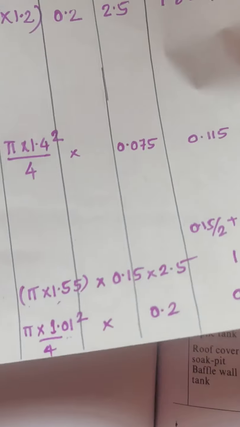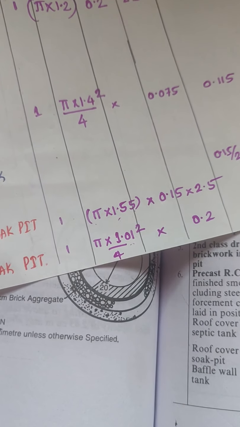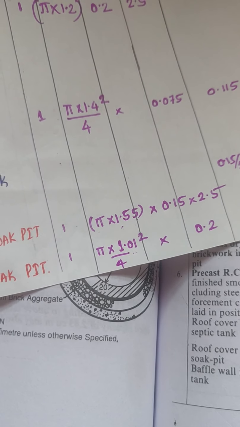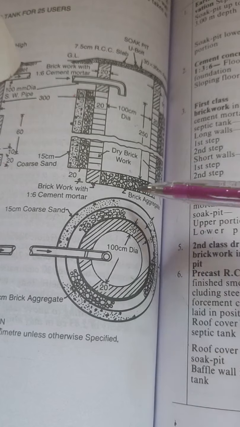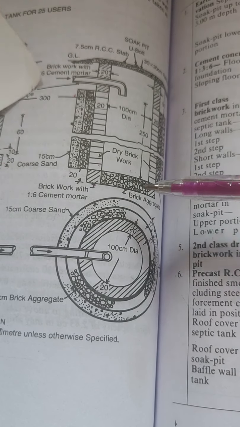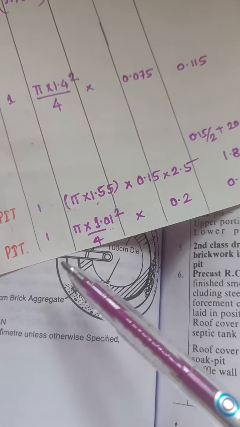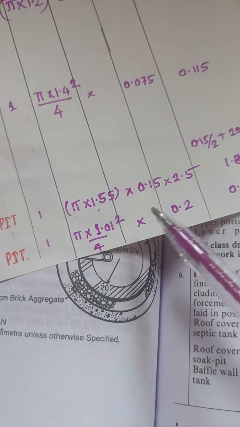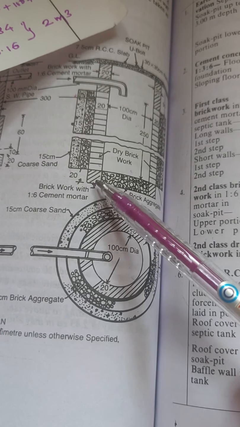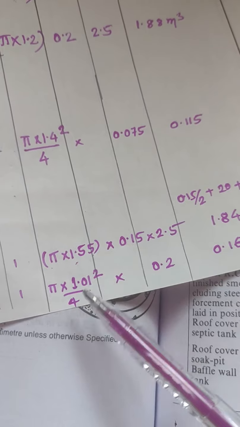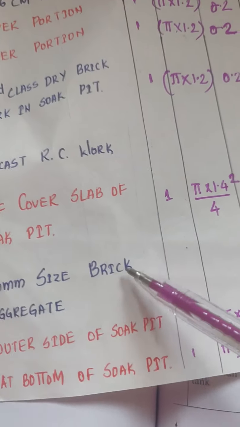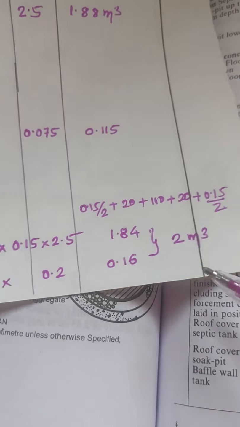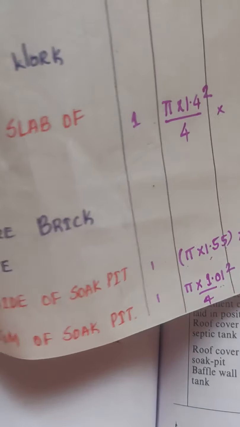So I have taken 55 mm bearing on both sides, so it will be 1.01 square. So since we are calculating at this part where it is occupying complete area, so it will be pi into d square by 4 into what is the thickness? Thickness is given here, it is 20 centimeter. So it is pi d square by 4 into thickness. So we will get the volume of this. So this is the total quantity for 50 mm size brick aggregates. So it is 2 meter cube.